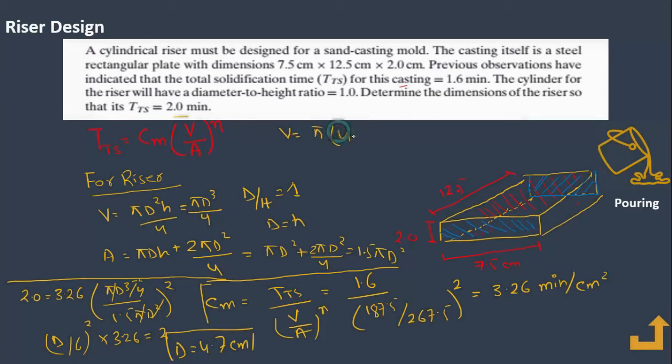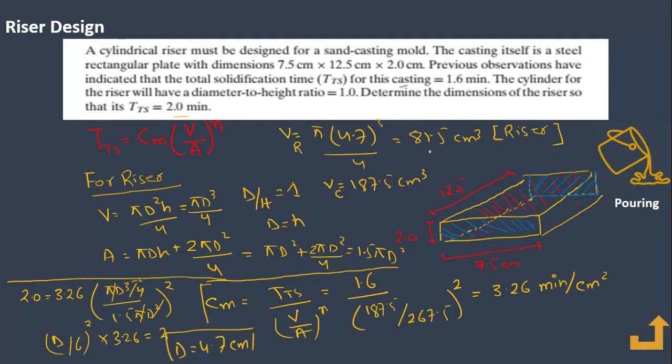What was the value of d? 4.7 exponent 3 divided by 4, and that would be equal to 81.5 centimeter cube. That was for the riser, while the volume for the cast product was equal to 187.5 centimeter cube.